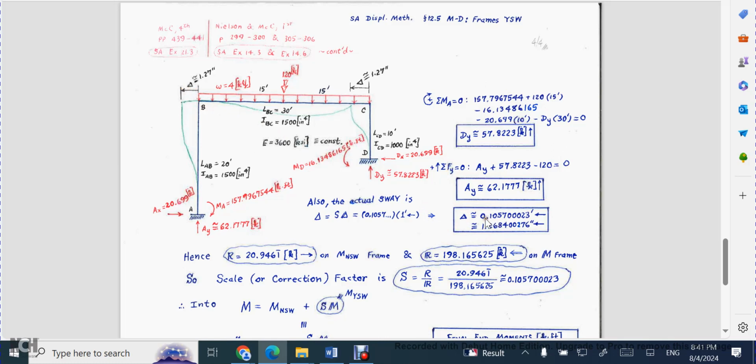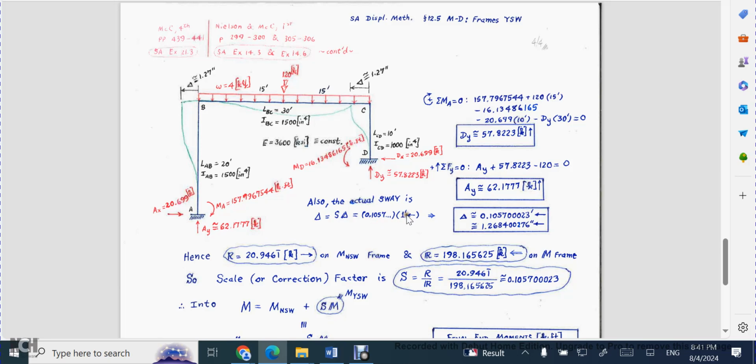And it turns out that it is that correction factor value 0.1057, as you can see by the calculation shown right over here. So I'm saying the actual sway is delta, not a double-bar delta, obviously, equal to the correction factor times the double-bar delta, okay?